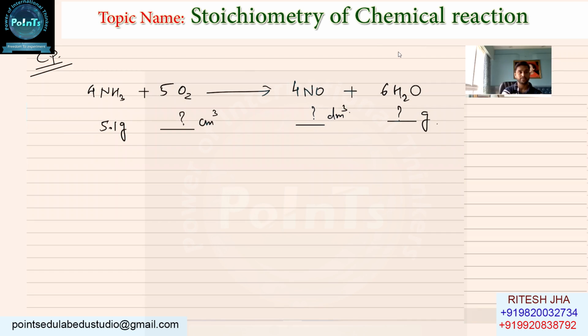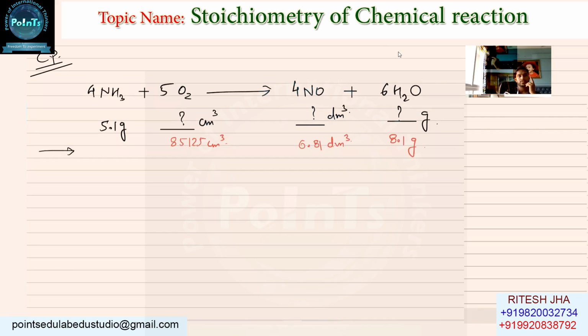What answer did you get over here? For H2O, I got 8.1 grams. Same. For NO, I got 6.81 dm cube. Same. And for oxygen, I got 8512.5 cm cube. Yep, same.